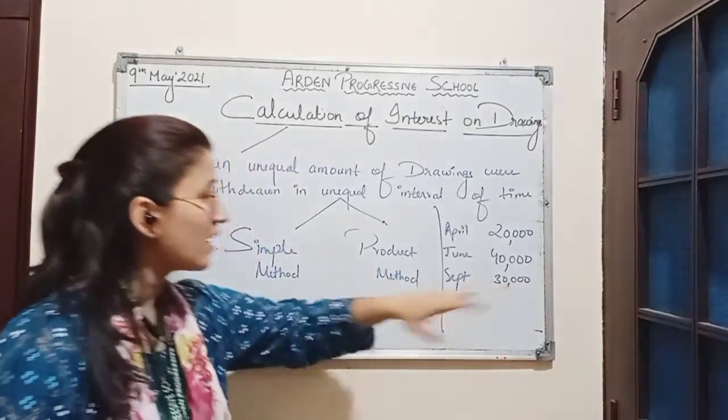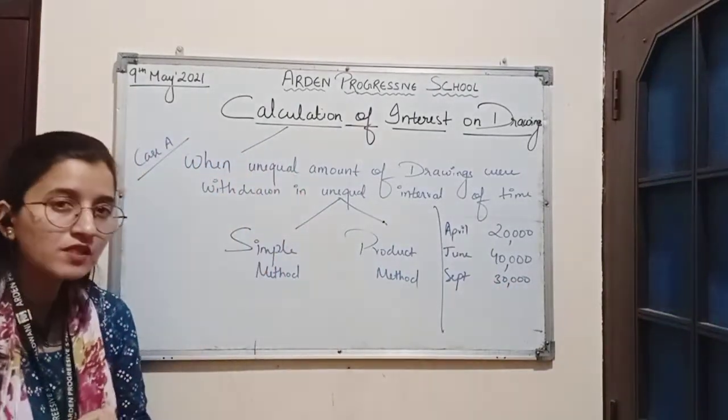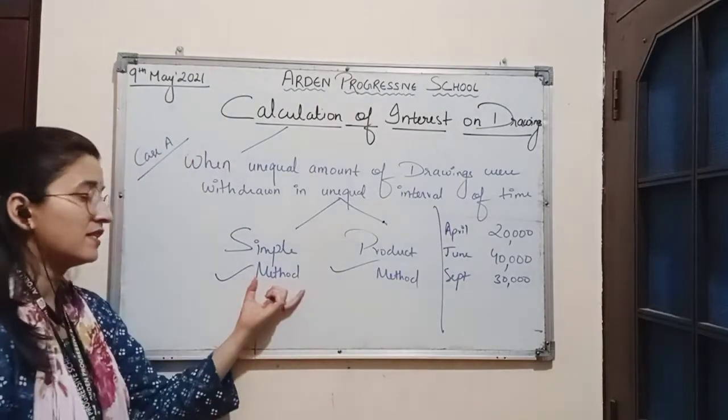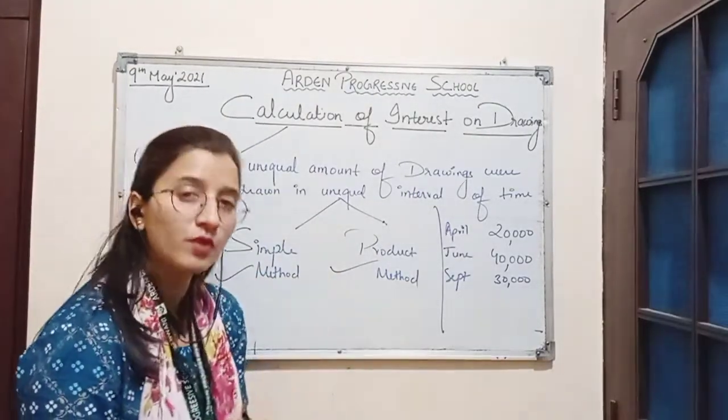So in this case, interest on drawings will be calculated by these two methods, either the simple method or the product method.